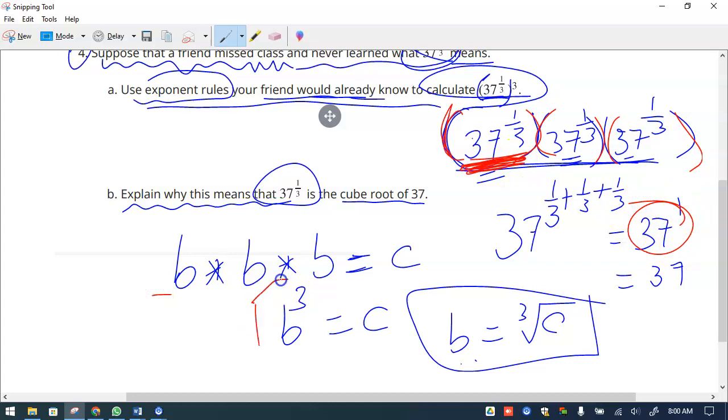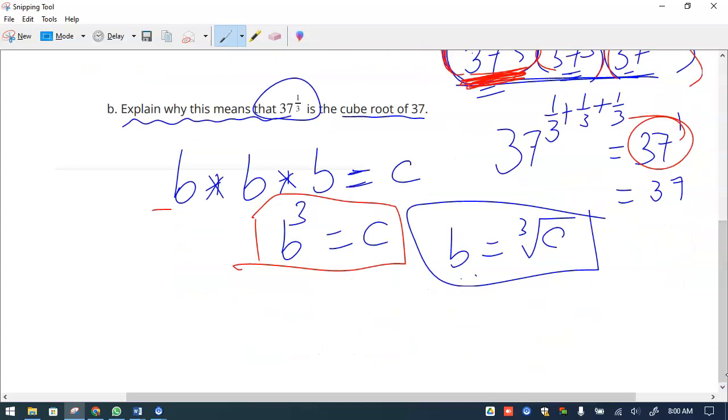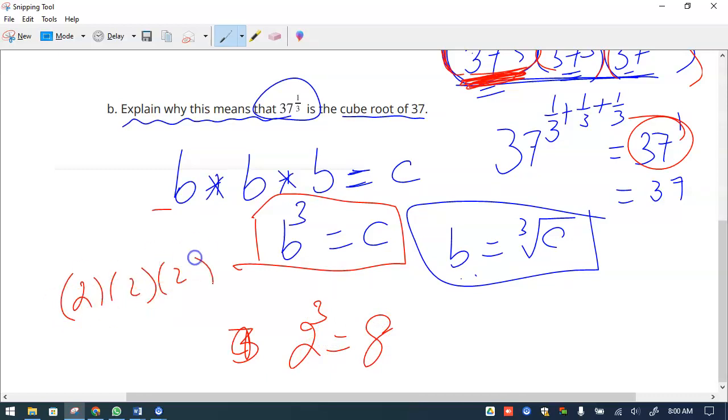Let's say 2 raised to 3 is 8, because 2 times 2 times 2 is 8. And also we write 2 is the cube root of 8, because what number multiplied by itself 3 times gives 8? The answer is 2.